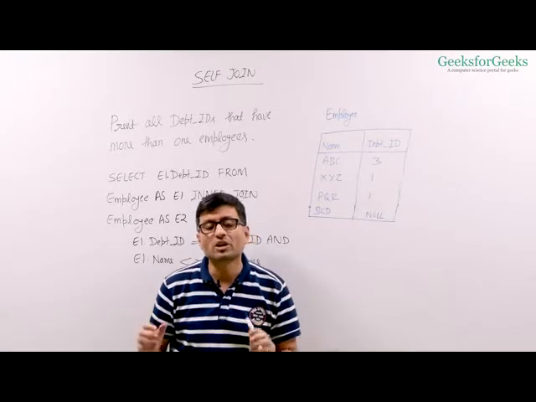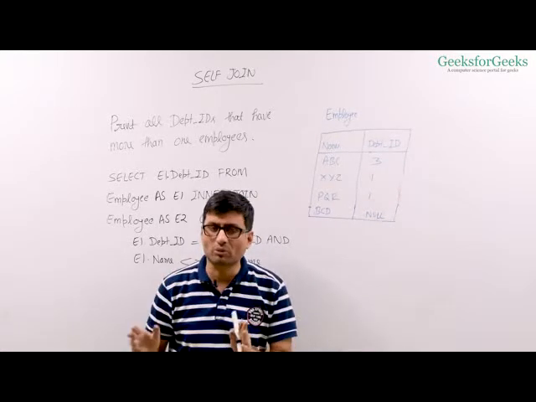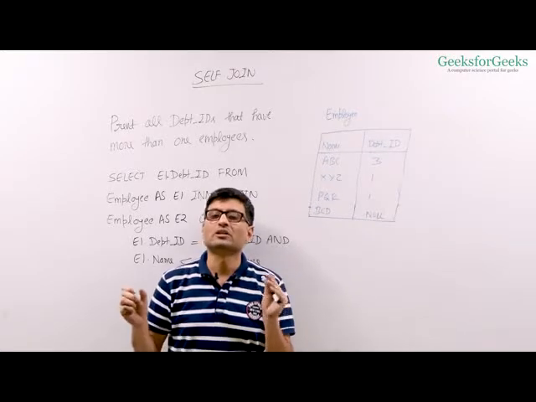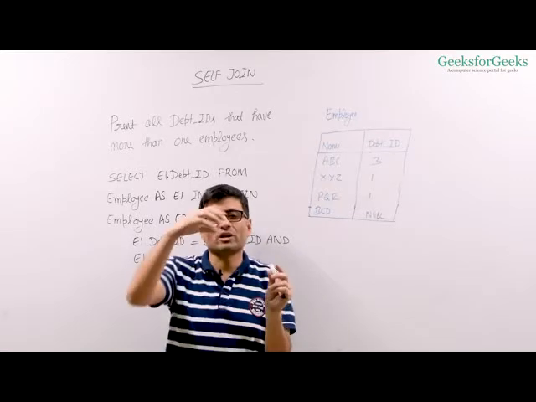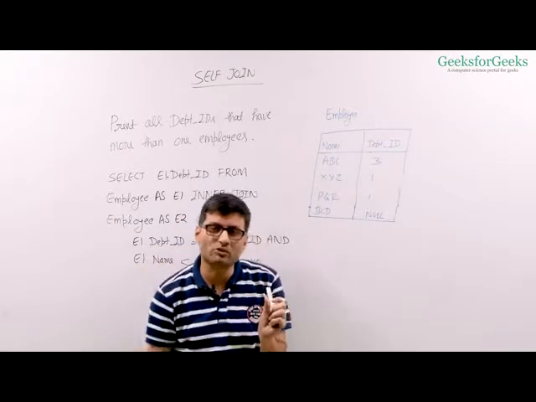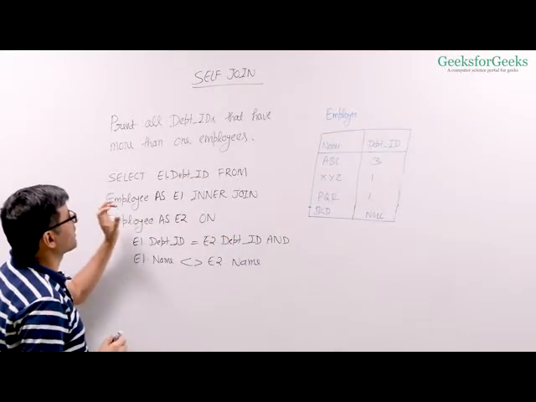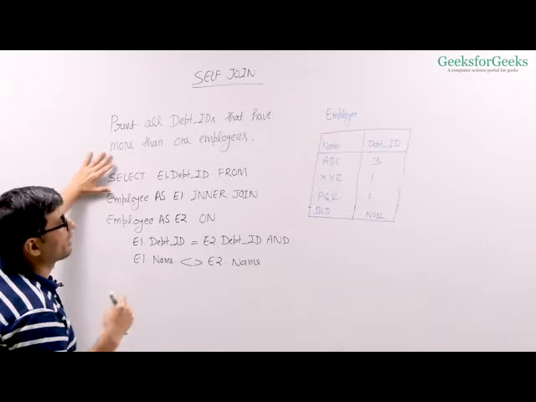So that is how you get the department IDs which have at least 2 employees, because one employee will come on this side and the other employee will come on this side. So that is how you can get all the department IDs which have more than 1 employee.